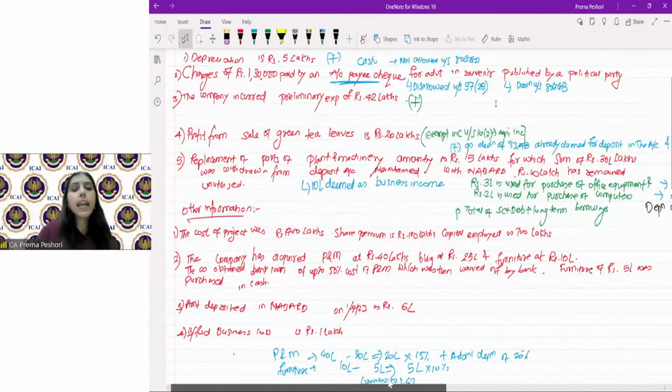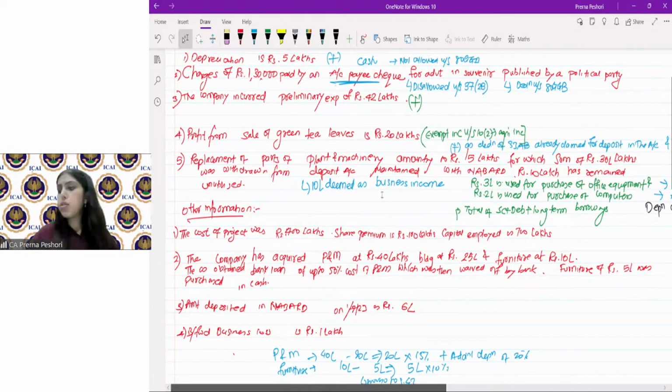That is why the amount waived off by the bank is excluded. Clear? The 20 lakh is from the plant and machinery, Viraj, which is for the waiver. Yes, Pranav, you will assume it is for more than 180 days. Okay, let's solve together.